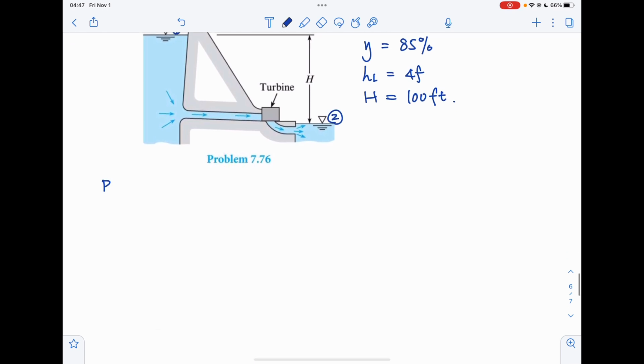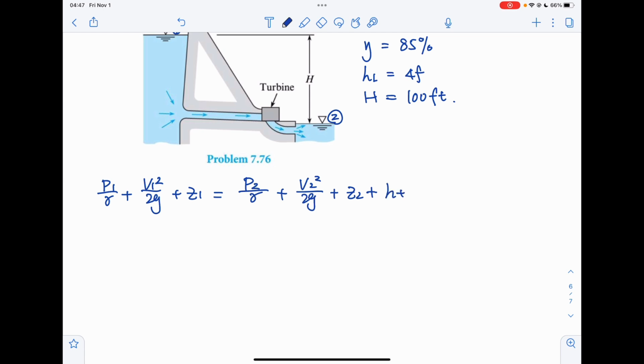P1 over gamma plus V1 squared over 2g plus z1 equals P2 over gamma plus V2 squared over 2g plus z2 plus the head losses and the head of the turbine.